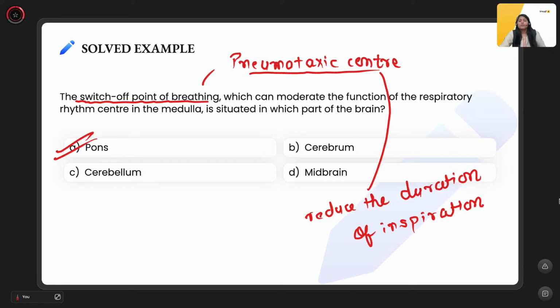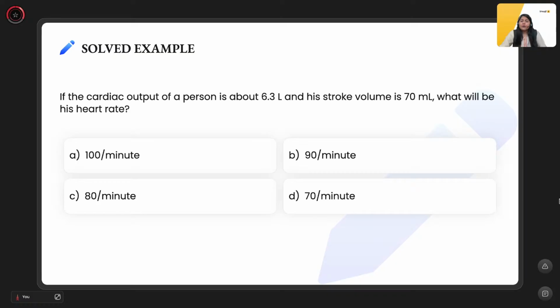Moving on. If the cardiac output of a person is about 6.3 liter and his stroke volume is 70 ml, what will be his heart rate? See here, you have to remember one formula. Your cardiac output is your stroke volume into your heart rate. According to this question, the cardiac output of the person is 6300 ml.